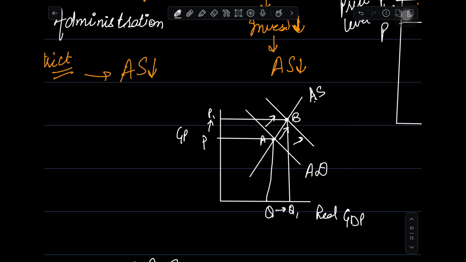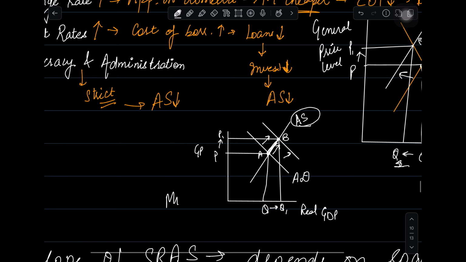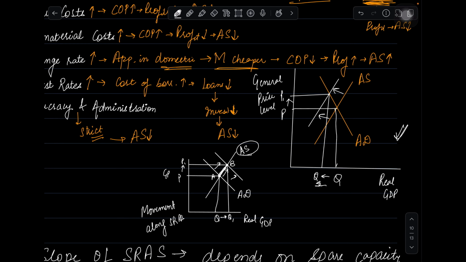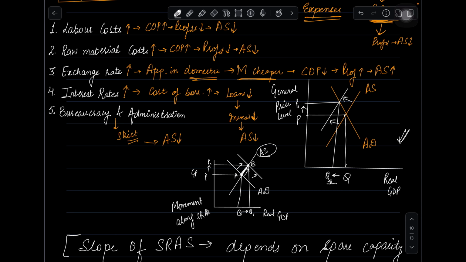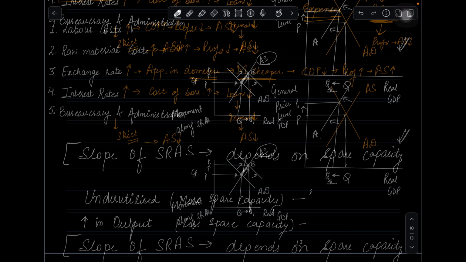But here we have only one aggregate supply curve and we are moving from one point on this curve to another. This is movement along SRAS, whereas in a shift, the aggregate supply curve itself was shifting.